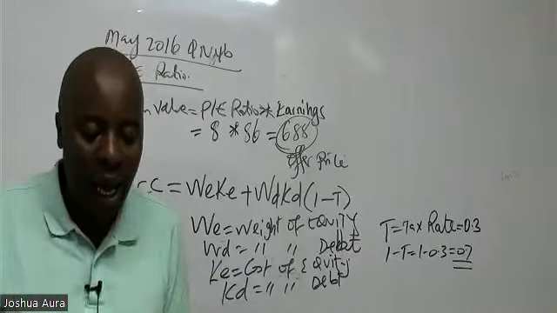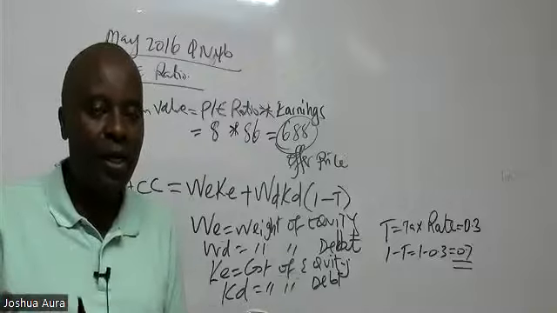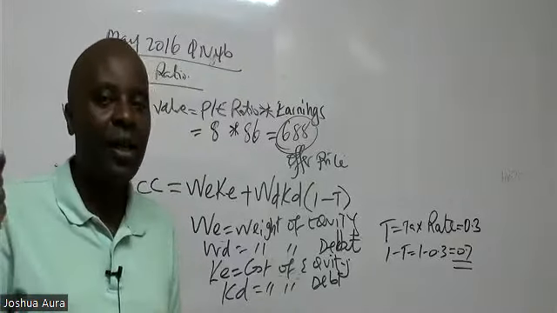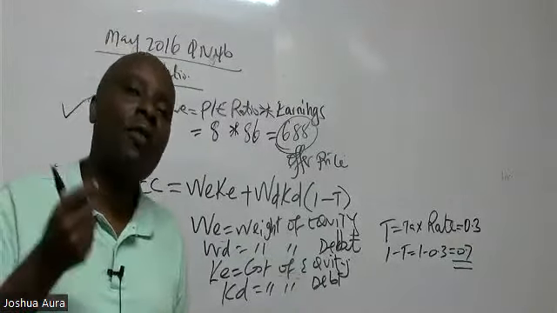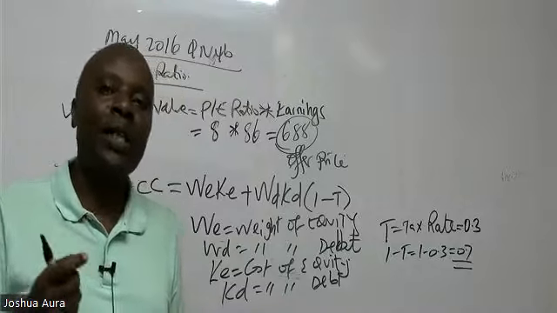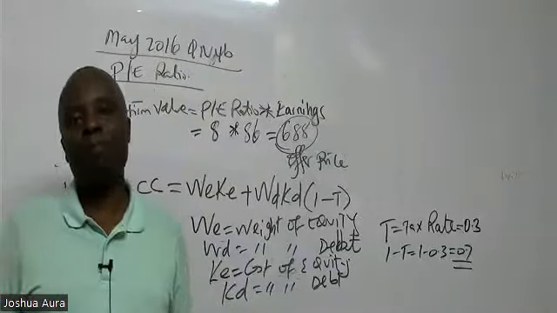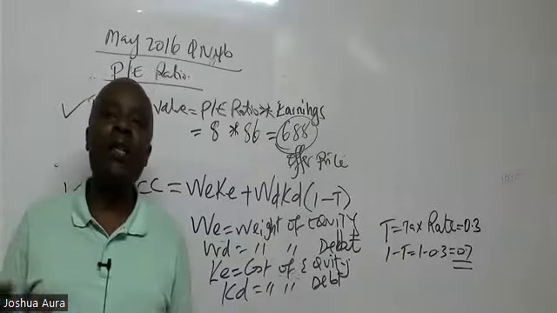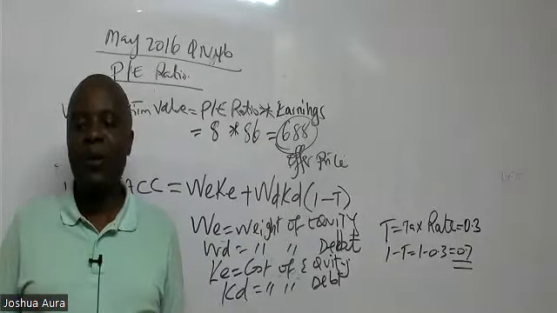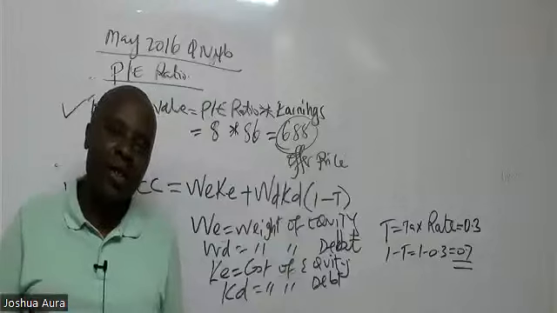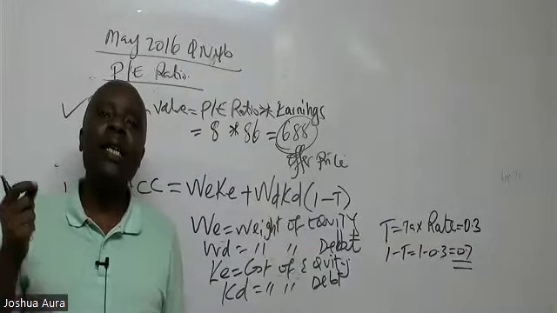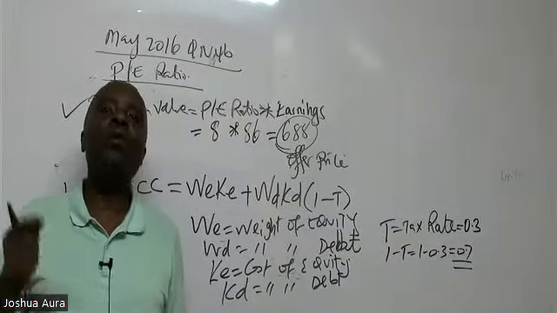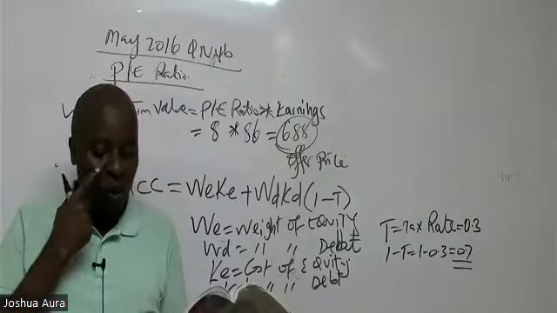Could you kindly underline for me the word gearing? Gearing has got every association with debt. Gearing and debt are one and the same. So whenever you hear of gearing ratio, this automatically is the same as weight of debt. You don't even have to reason at all.